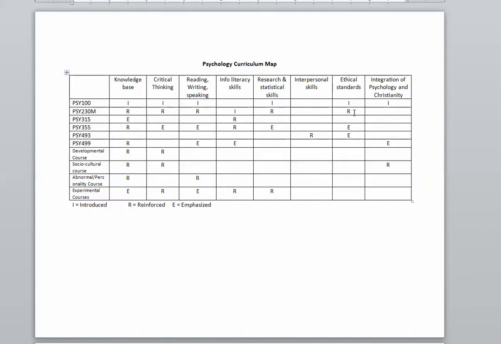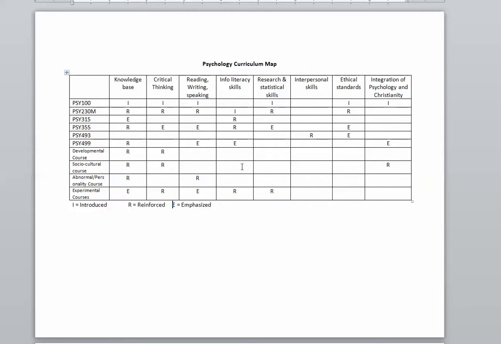You'll see we're fine on the ethical standards, and as well for the integration of psychology and Christianity. But on the interpersonal skills, what this curriculum map did was force us to have a conversation about that. Where do we need to end up making changes? Do we need to adjust our curriculum based off of this? Or do we say, maybe this isn't as important to us as we think it is? So that's the benefit of a curriculum map.